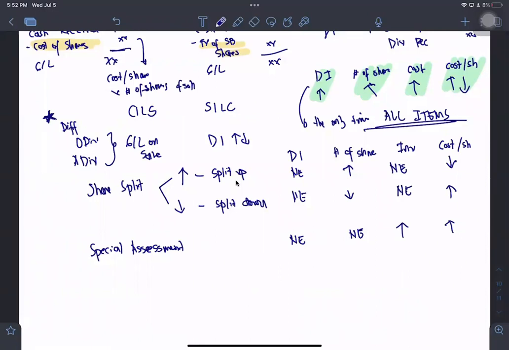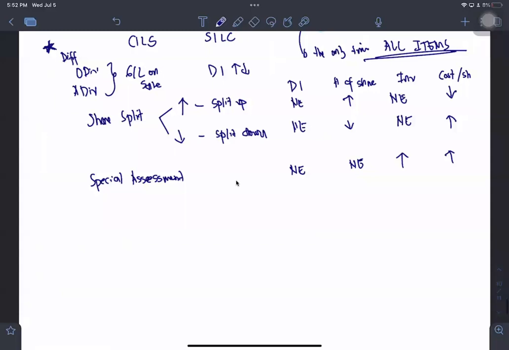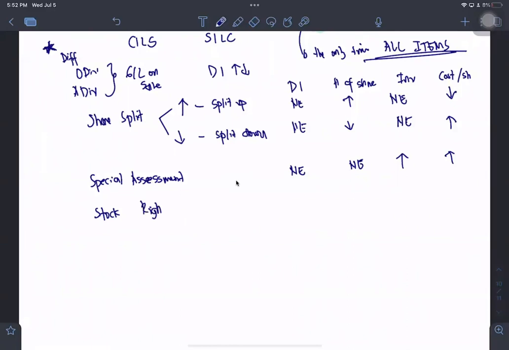Now, aside from a special assessment, we have the concept of stock rights. In your stock rights, we have a problem into the accounting of your stock rights. They say that in your accounting for stock rights, it is dependent whether it is FVTPL or FVTOCI.